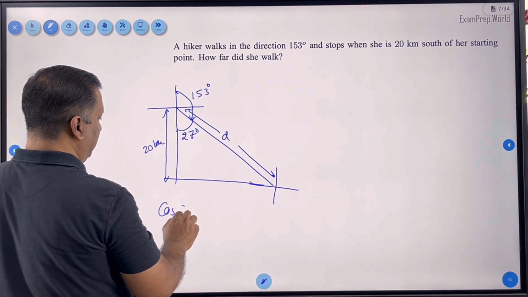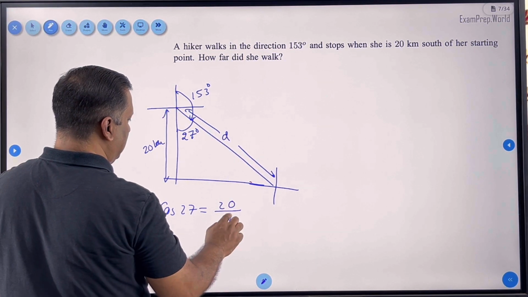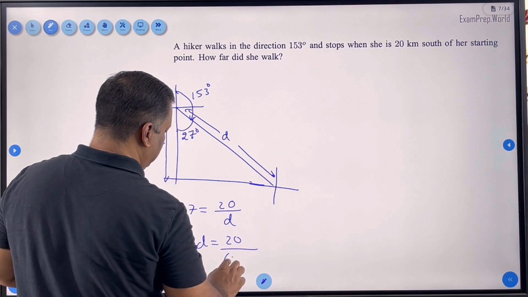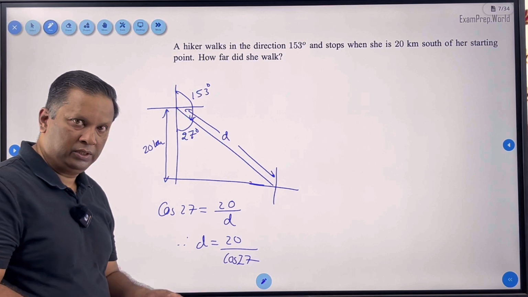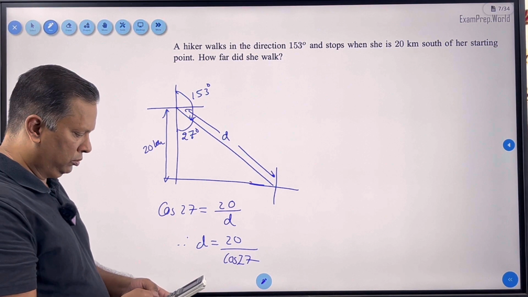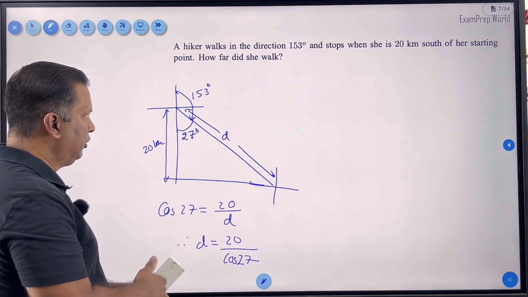Cos of 27 equals 20 upon d. Therefore, d equals 20 upon cos 27. Understanding? Now, easy? So let's do this. 20 upon cos 27 gives us the value 22.45.